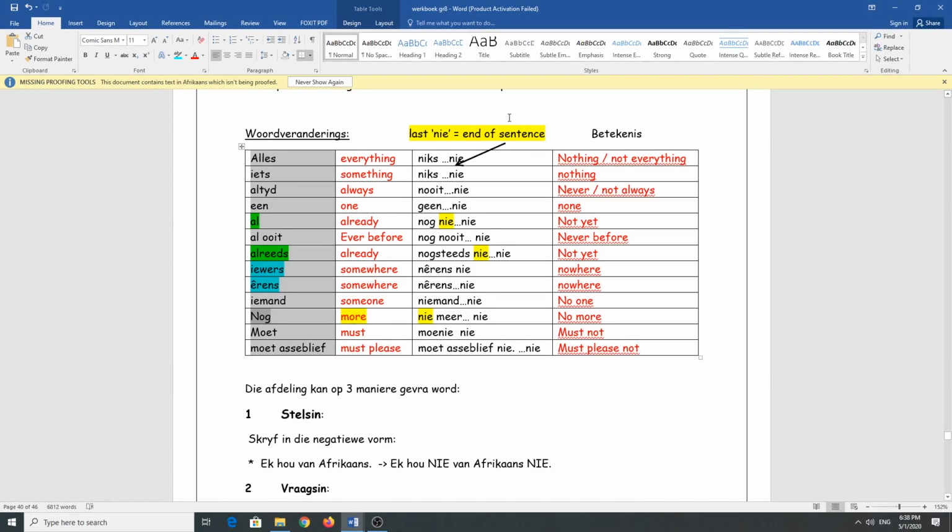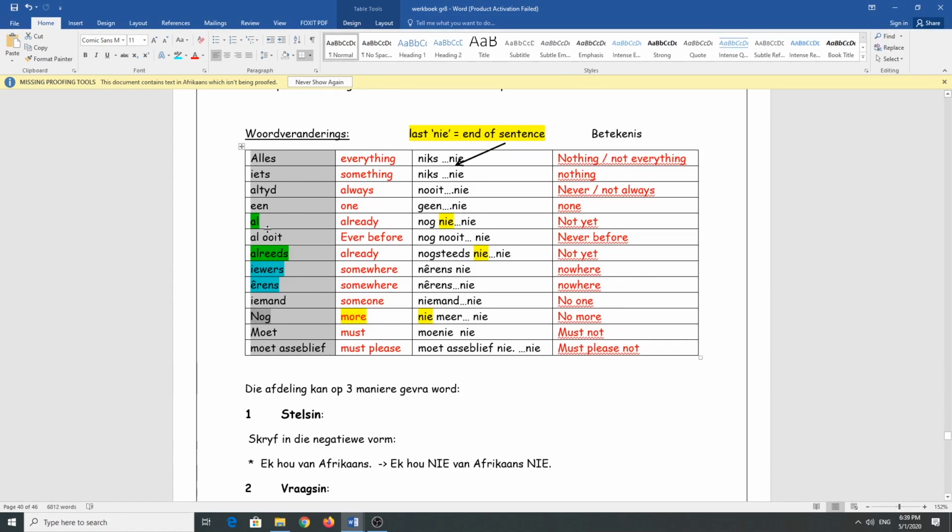So, you will see here at the end that there's a nie by each of these words. A nie right at the end with the 3 dots in front. That means it comes at the end of the sentence. Now you will see I've highlighted 3 nies here.